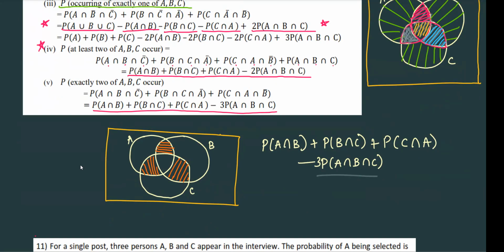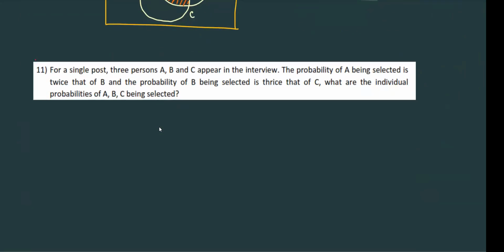Okay. So now let us do problems on addition theorem. For a single post, 3 persons A, B, C appear in the interview. Probability of A being selected is twice that of B, and probability of B being selected is thrice that of C. What are the individual probabilities of A, B, and C?